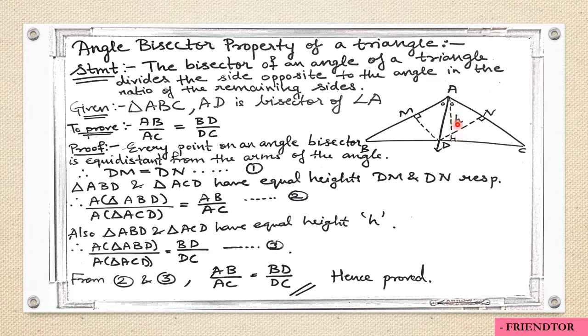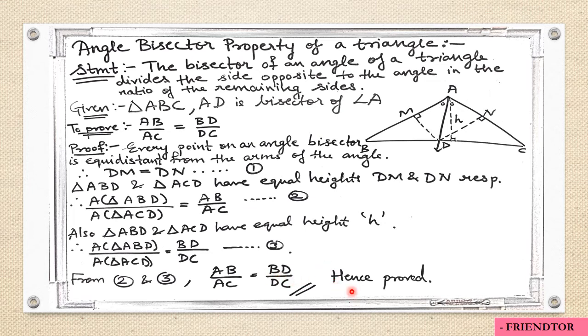Again with same height, the ratio of their areas will be the ratio of their corresponding bases. So area of triangle ABD upon area of triangle ACD is same as BD upon DC when h is the height, and when DM and DN are heights, it is AB upon AC. So here LHS is same, so the RHS also should be same. So AB upon AC is equal to BD upon DC, and this is what we had to prove. So the proof is done.